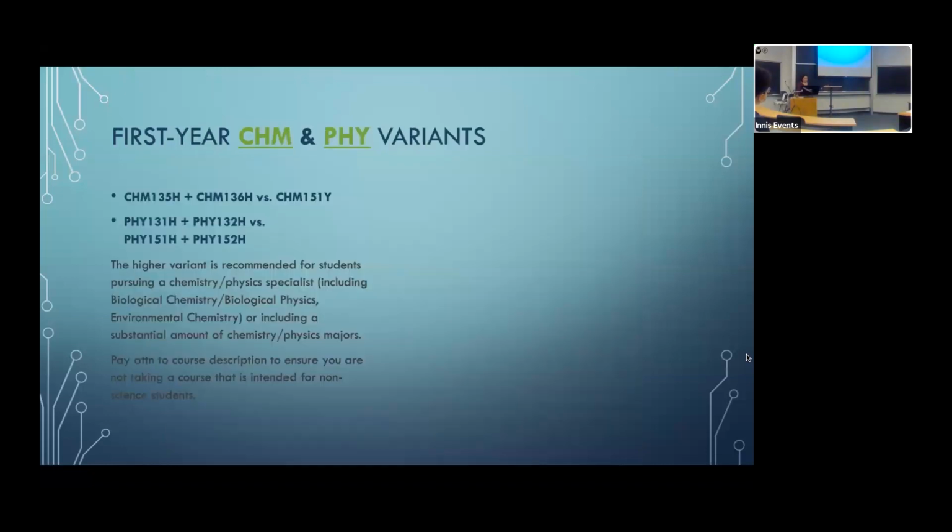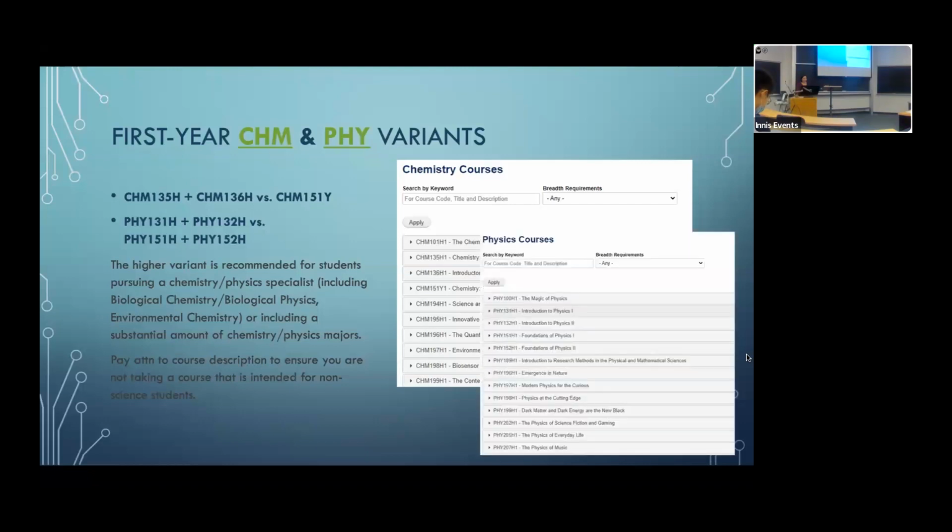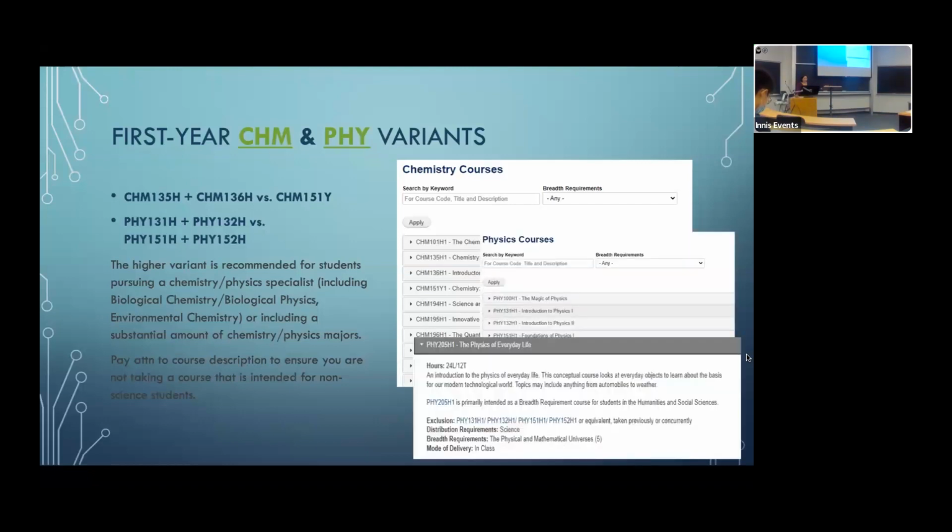I think chemistry and physics are pretty straightforward. Chemistry 135, 136 would be the standard, and then 155 is the more theoretical one. Physics is kind of the same. Just be careful not to take 205 or something, because that is intended for humanities students.